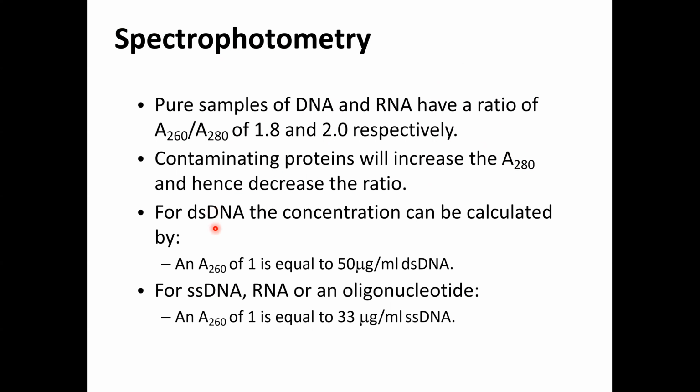For double-stranded DNA, the concentration can be calculated using this formula: an absorbance at 260 of 1 is equal to 50 micrograms per ml of double-stranded DNA, whereas for single-stranded DNA, RNA, or oligonucleotides, an absorbance at 260 of 1 is equal to 30 micrograms per ml.